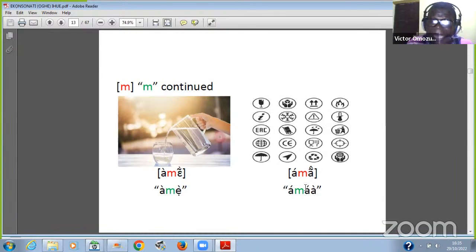And that is why in writing, we use double letters to indicate that, with an acute accent on the first letter A, and then a grave accent on the second letter A. So to guide, when you see that, that is how it is appropriately pronounced, Ama.